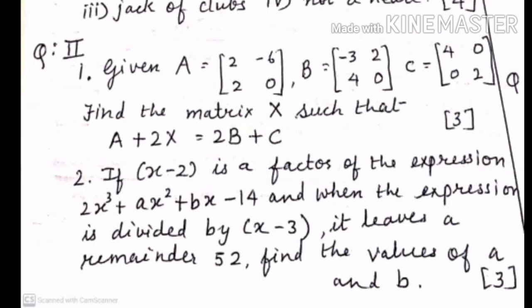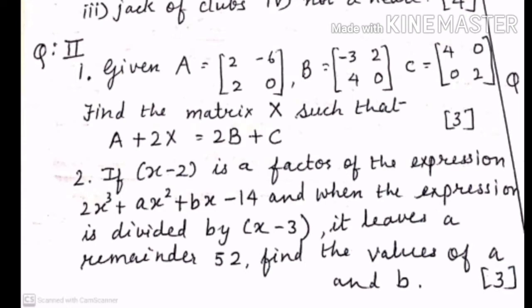Then part 2 of question number 2: if x minus 2 is a factor of the expression 2x cube plus ax square plus bx minus 14, and when the expression is divided by x minus 3 it leaves a remainder 52. So when it is given it is a factor, you can substitute the value x as 2, and it is always 0. Factor means it will end at 0.